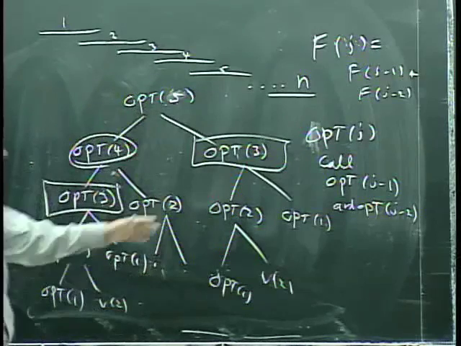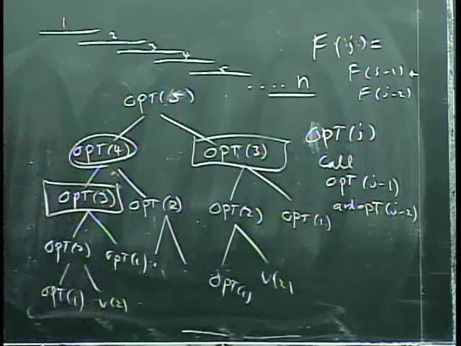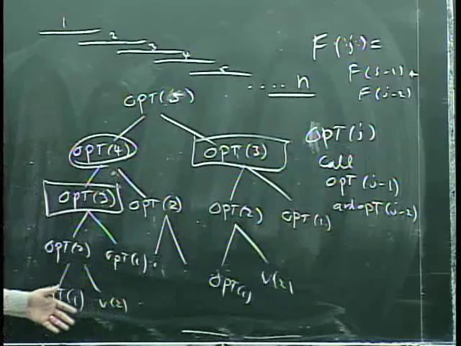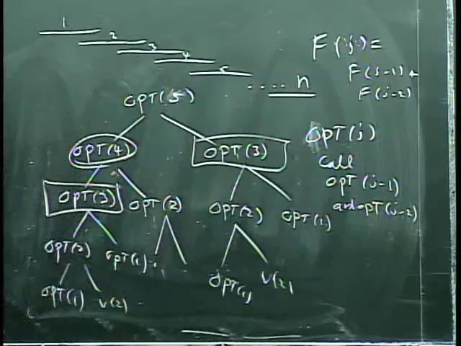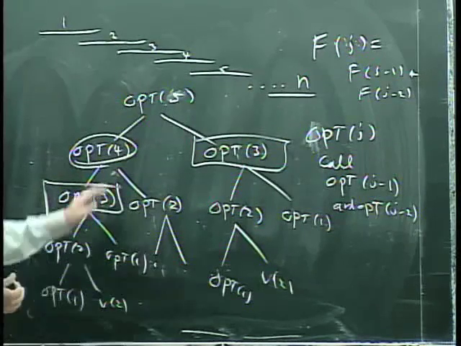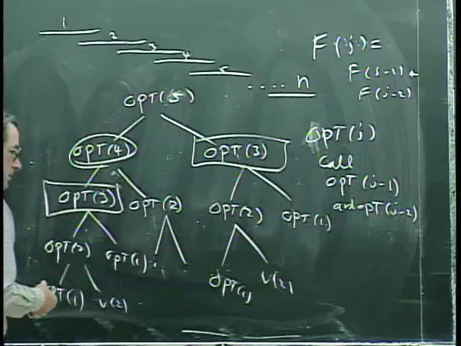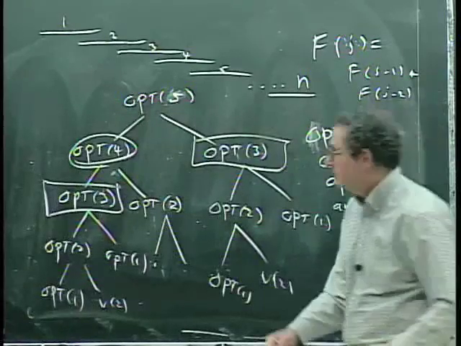Well, we actually have the answer. Okay, so if opt of n is, well, anyway. So that's very inefficient. A very immediate solution to that is what's called memoization.